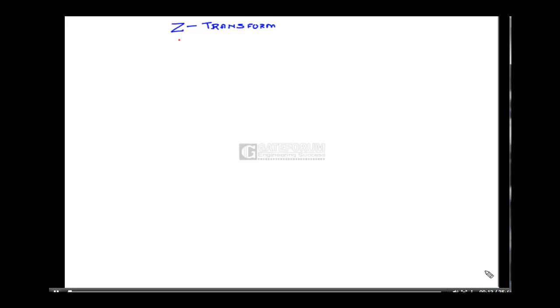We have already seen the Laplace transform, which is used for continuous time system analysis. Similarly, the Z transform will be used for discrete time system analysis.